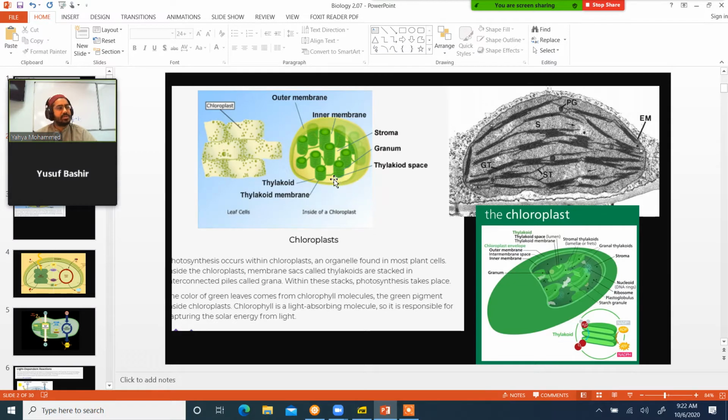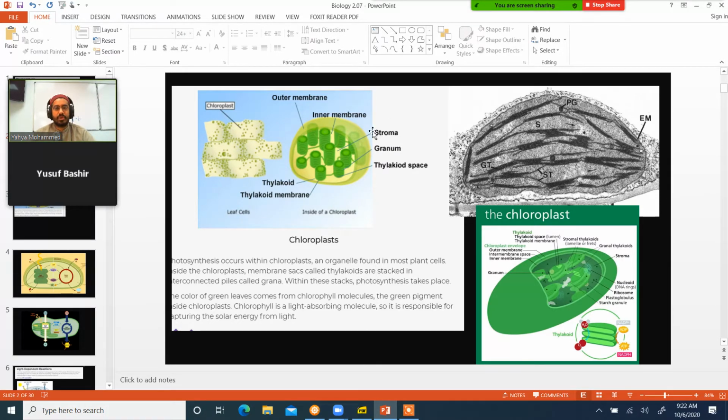These stacks are called thylakoids. It looks like a whole bunch of green plates stacked on top of each other. Those plates are called thylakoids, and the membrane surrounding them is called a thylakoid membrane. See the space surrounding all these thylakoid membranes?